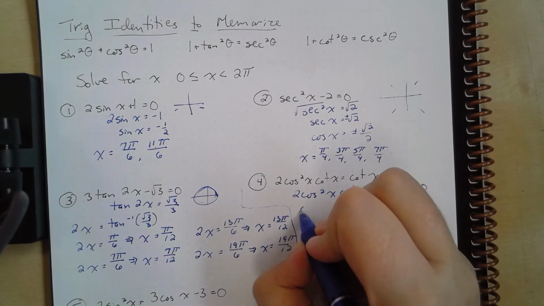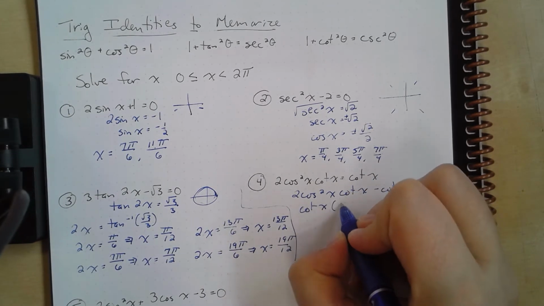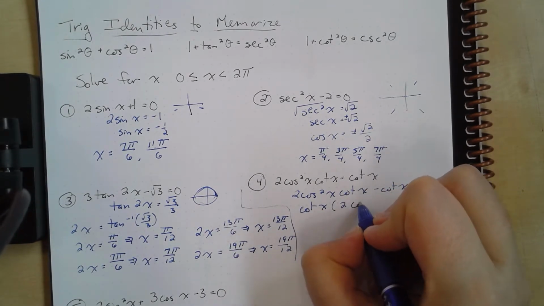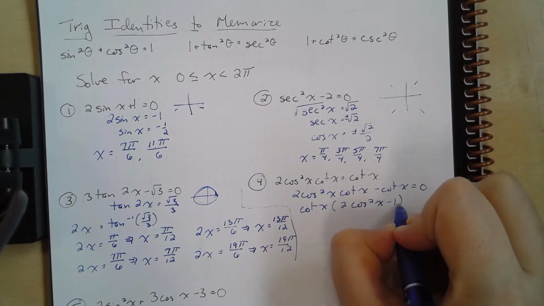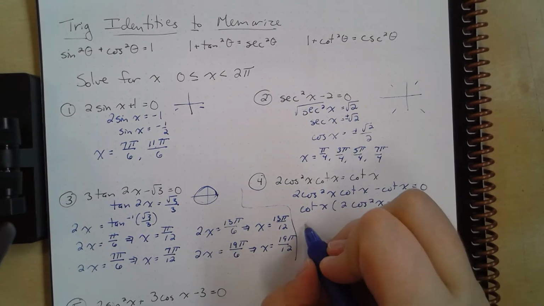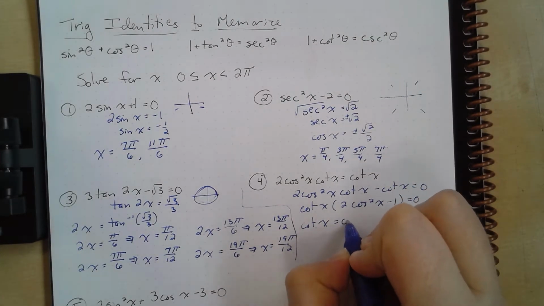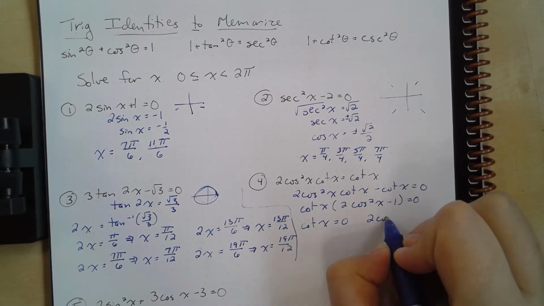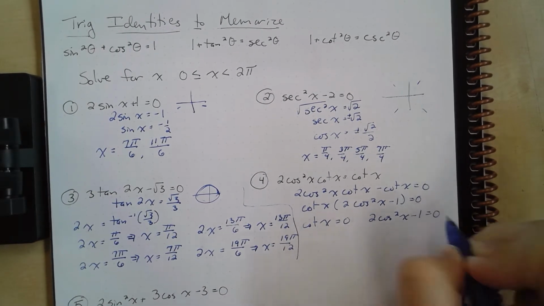I'm going to factor out a cotangent of x. So I get 2 cosine squared x minus 1 is equal to 0. Well, looking at this, I know that I can set up two things here. I can say that the cotangent of x is equal to 0 and that 2 cosine squared x minus 1 is equal to 0.